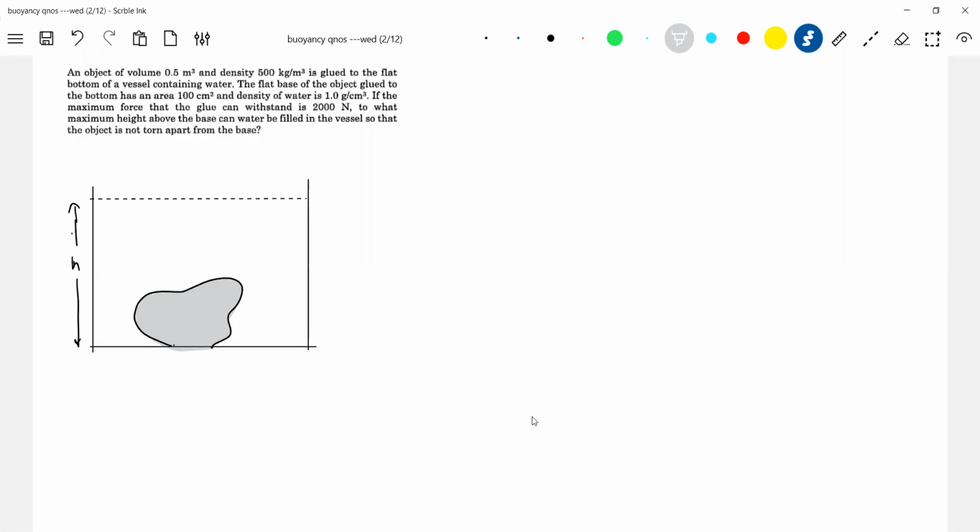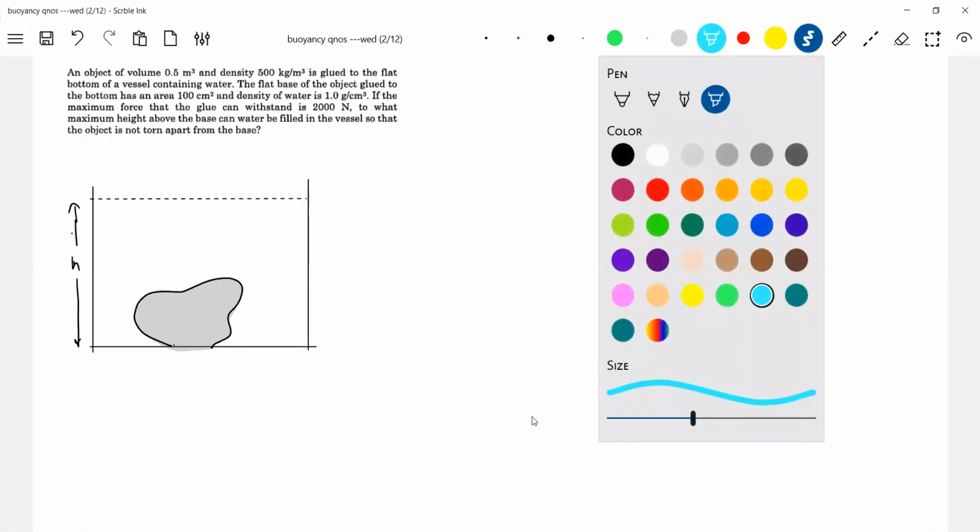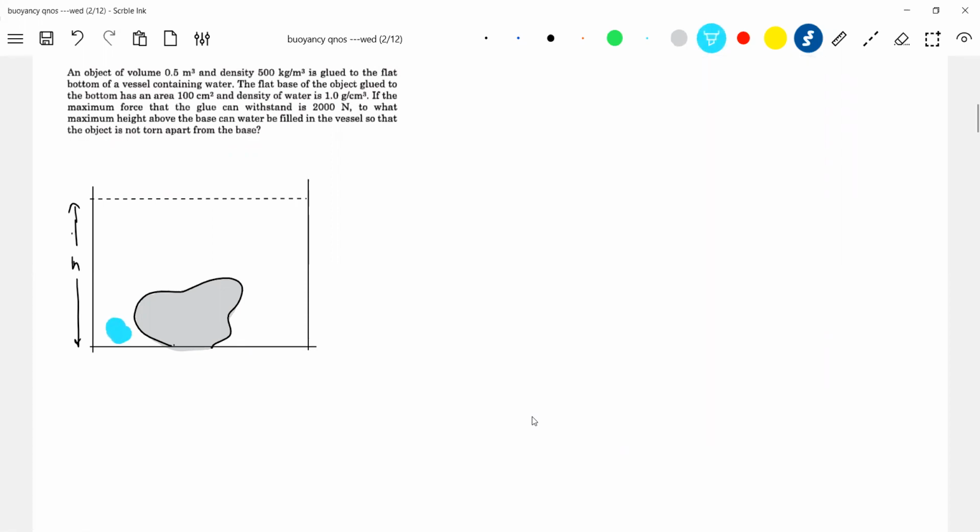If the maximum force that the glue can withstand is 2000, to what maximum height above the base can water be filled in the vessel so that the object is not torn apart from the base? It means it should not lose contact with the base. Okay, try. Meanwhile, I'll adjust the diagram. This is a liquid, this is water.